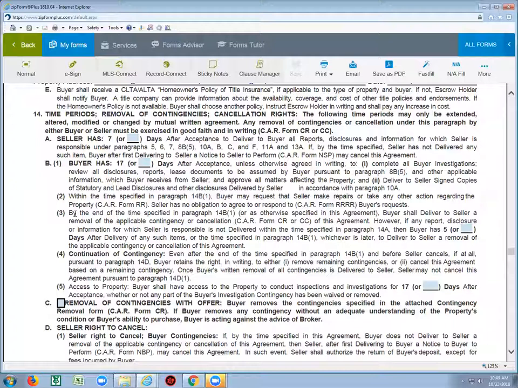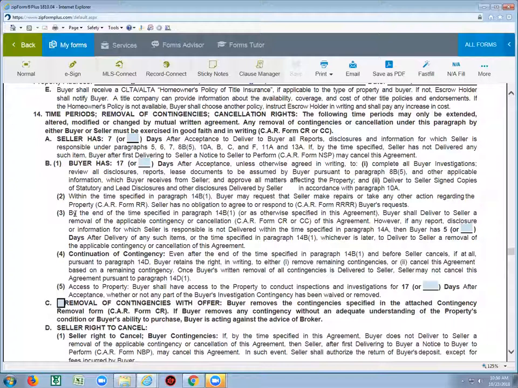Personally, I would not voluntarily send the contingency removal unless the buyer is very, very sure and they really, really want this property. They could even remove the contingency earlier because they definitely want this property and everything we agreed the sellers responded to. Then I say, are you sure?